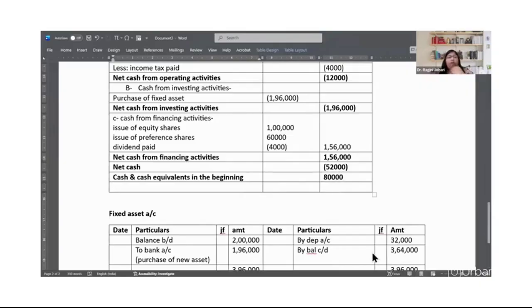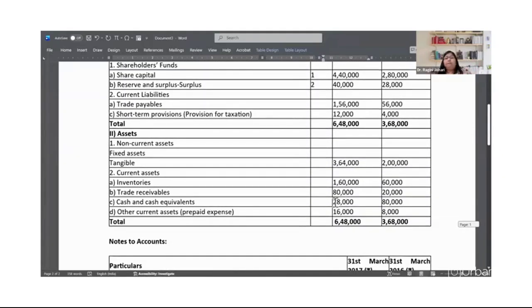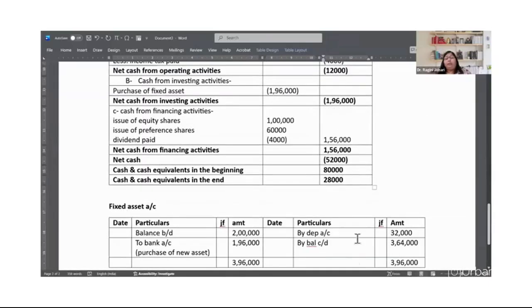So added together, what do we get? Now cash and cash equivalents in the end. So 80,000 minus 52,000, and what do I get? I get 28,000 here. Now, this is the same amount as we see here. See, the position of cash and cash equivalents at the end of current year is 28,000. We have arrived at this number 28,000 here.